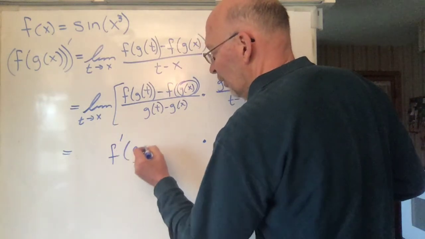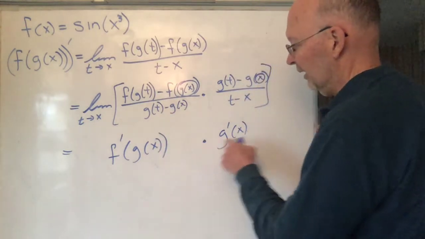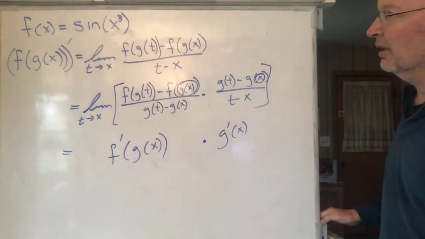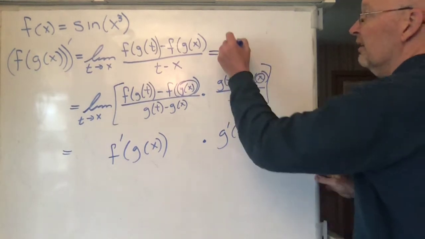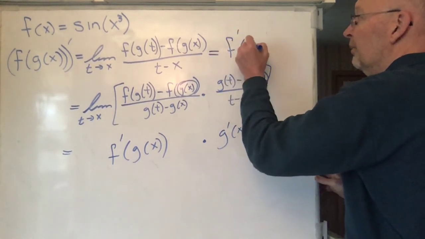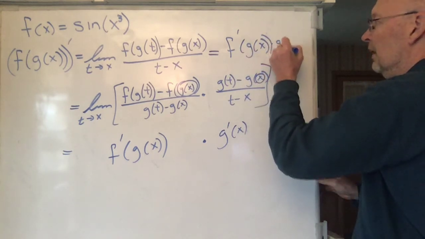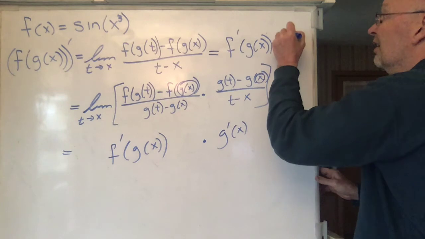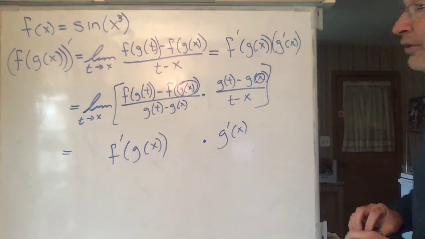So you've got f prime of g of x times g prime of x. And that's the answer. Let me write it right here. F prime of g of x times g prime of x. Like that. And so there's the answer.